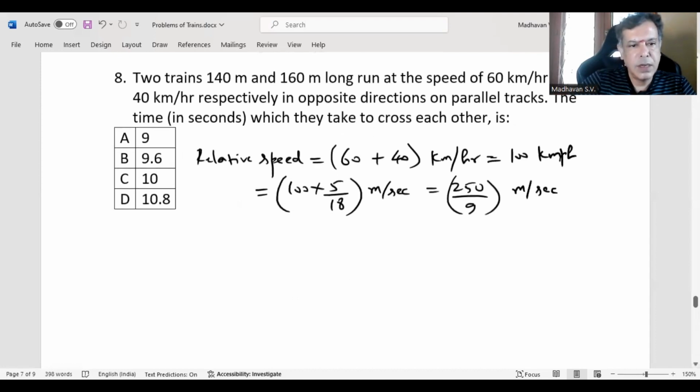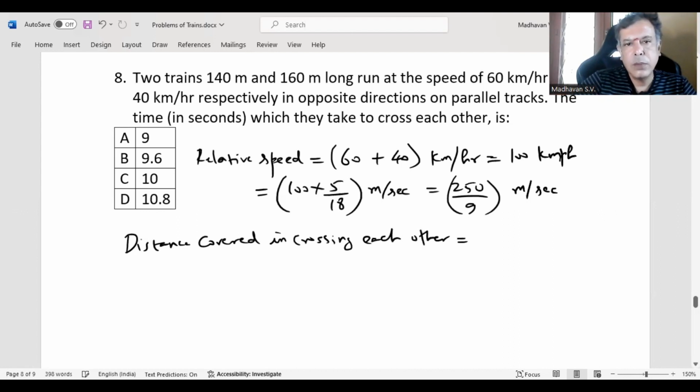Now, distance covered in crossing each other is equal to 140 plus 160 meter, which is 300 meter.